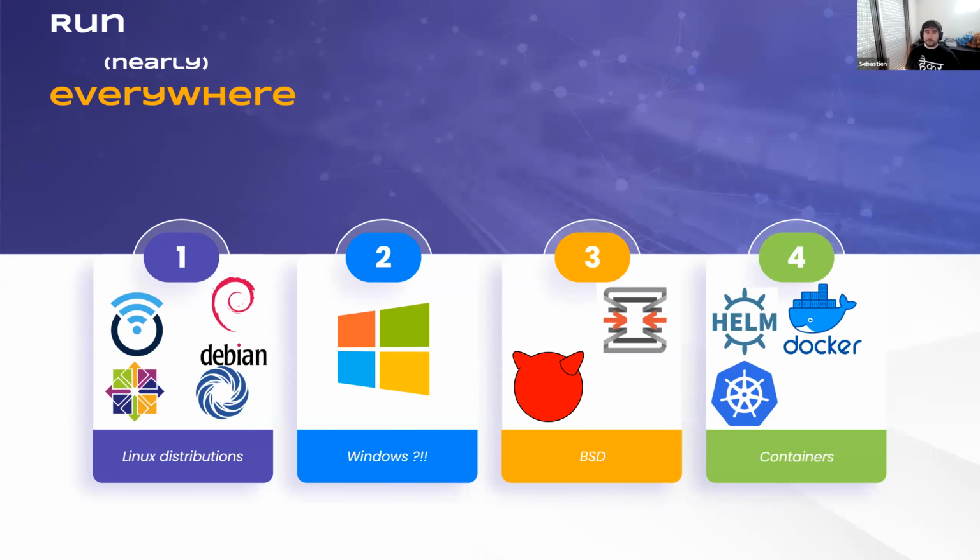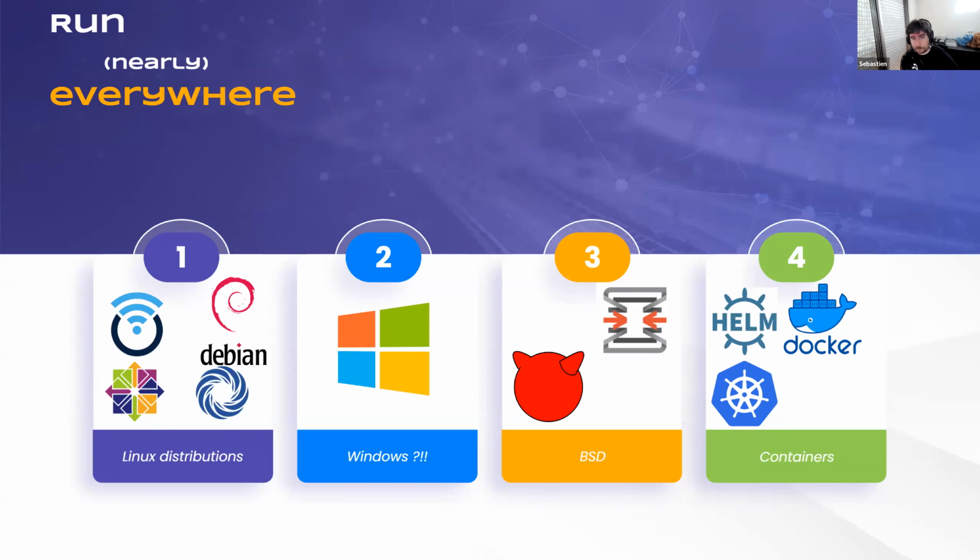CrowdSec itself is running pretty much anywhere. Basically, for any big Linux distribution, it's very likely that we provide an official package. And even if we do not provide an official package, well, CrowdSec is written in Go, so it will run anywhere. You can just manually install it.